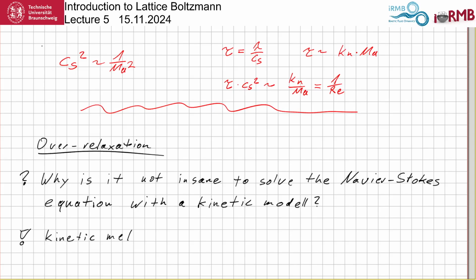Kinetic methods have to resolve the particle collisions.